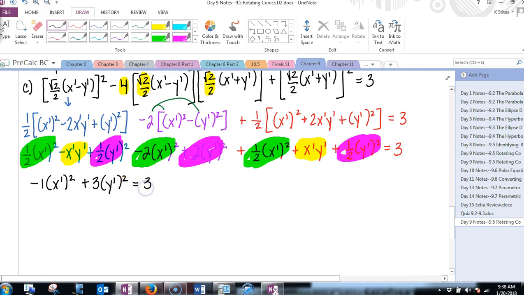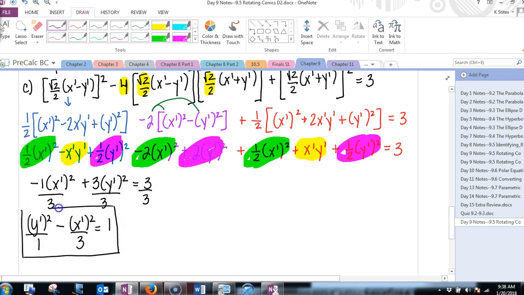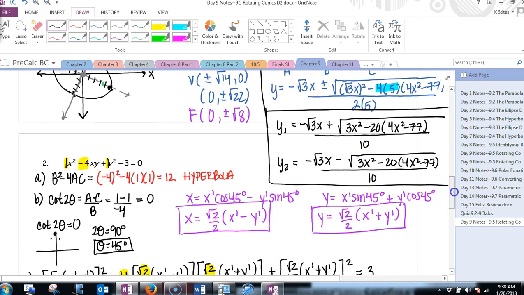Equals 3. And then we will divide by 3. And I'm also going to switch my order because my negative should be in the middle. So that's going to be 3 over 3 is 1. So y prime squared over 1 minus x prime squared over 3 equals 1. And this does look like a hyperbola, which is good because that's what we said it was going to be.